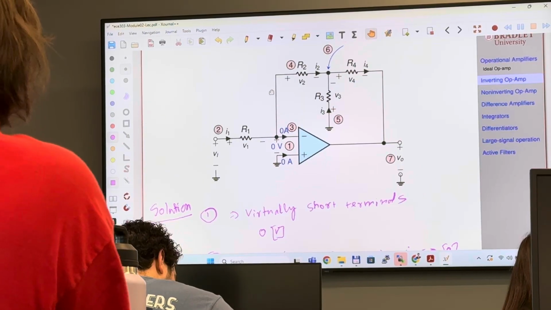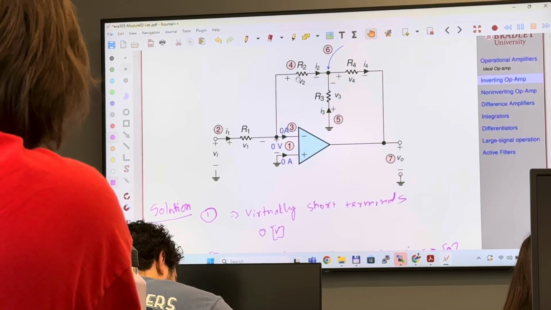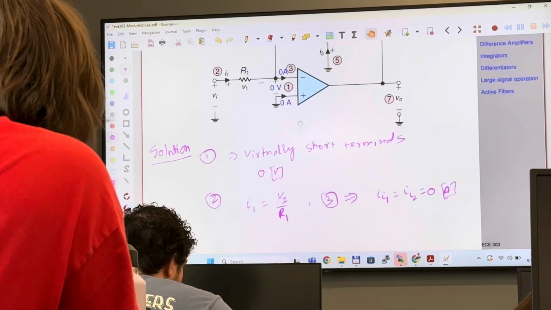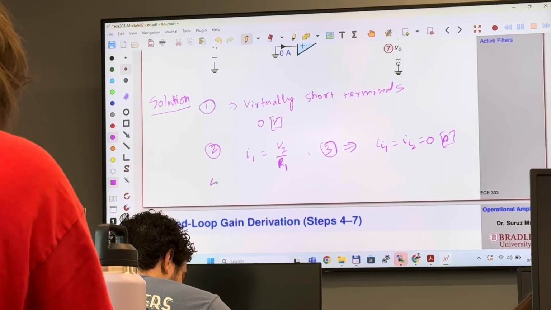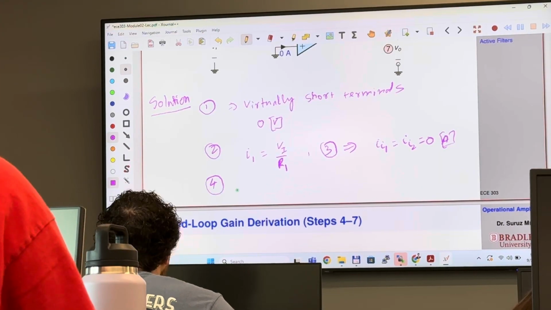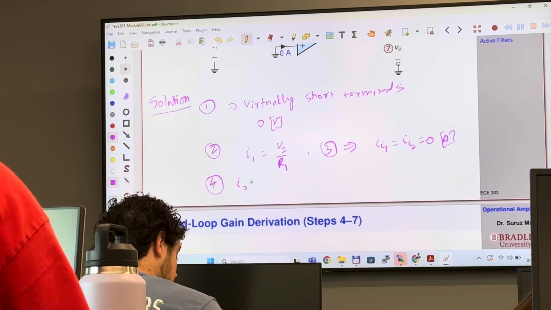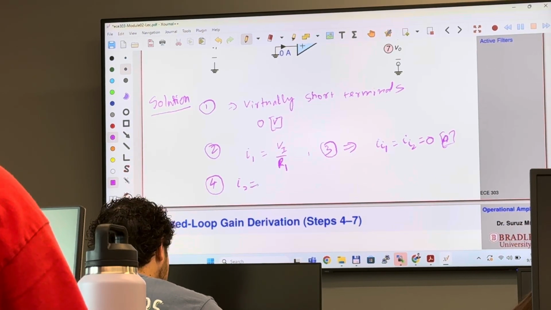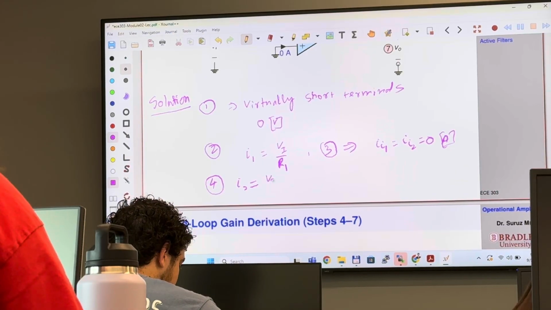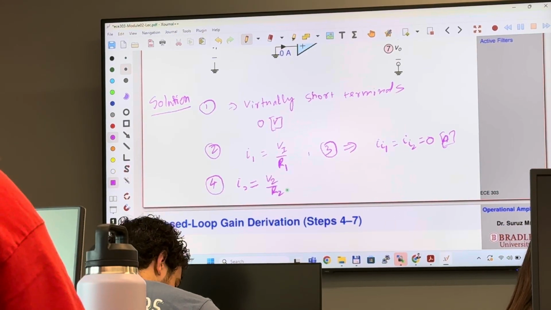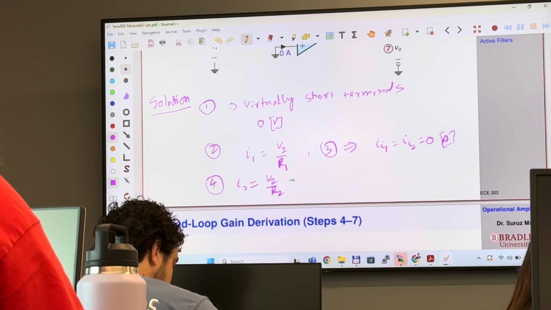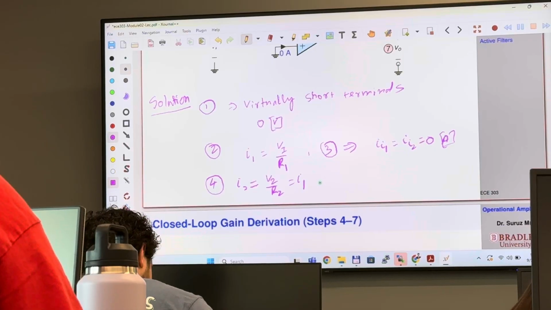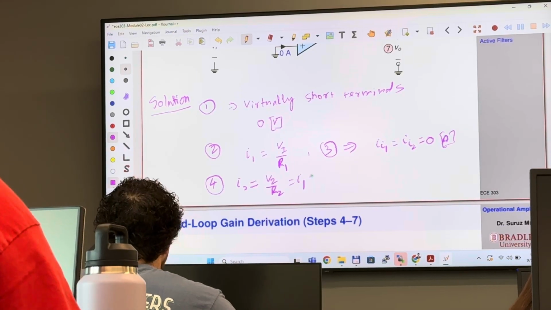I1 is basically going, all this current is basically going this way, right? So step 4, what is I2, guys? VI over R1. I2 is going to be V2 over R2, right? V2 over R2, and basically I2 equals I1.